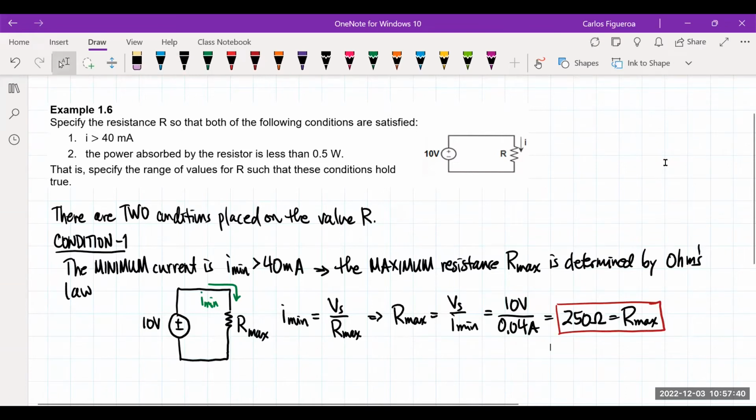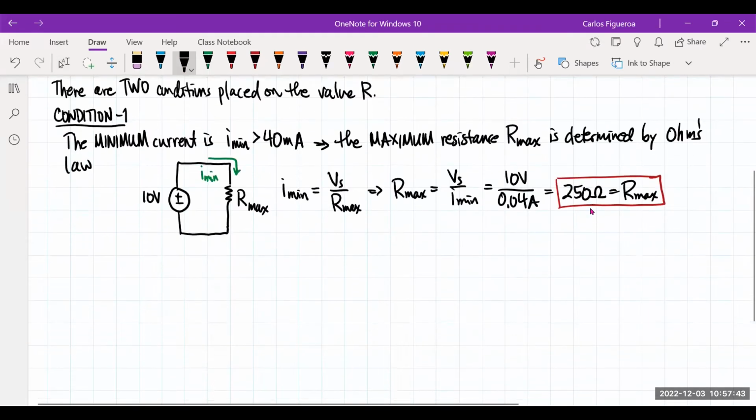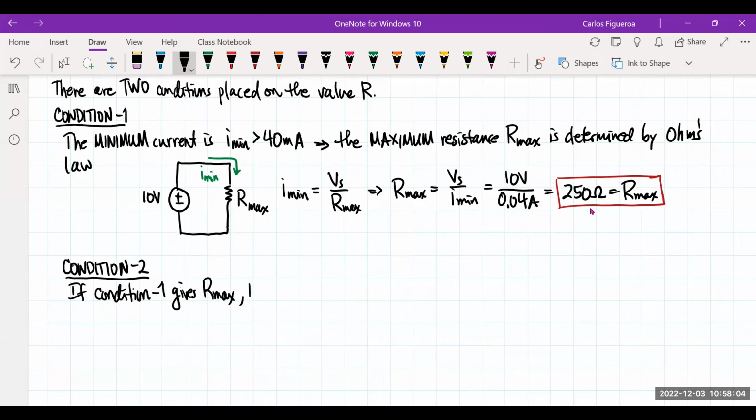So if I look at condition 2 now, so if condition 1 gives R max, then condition 2 must give R min via power.